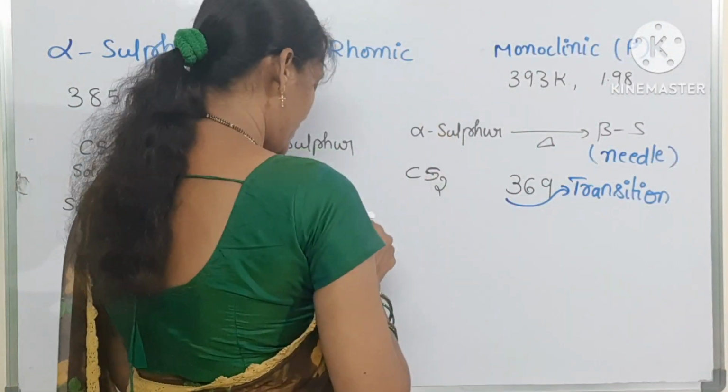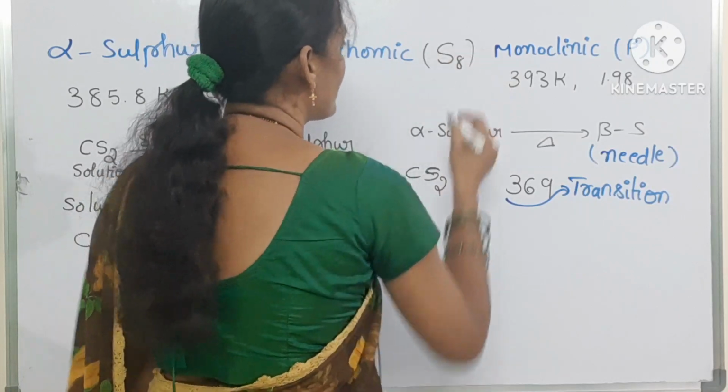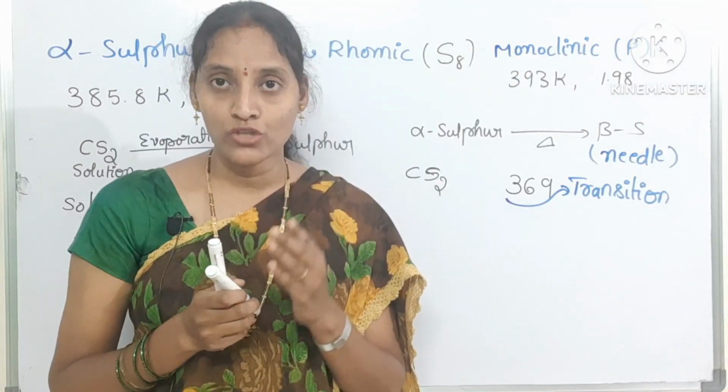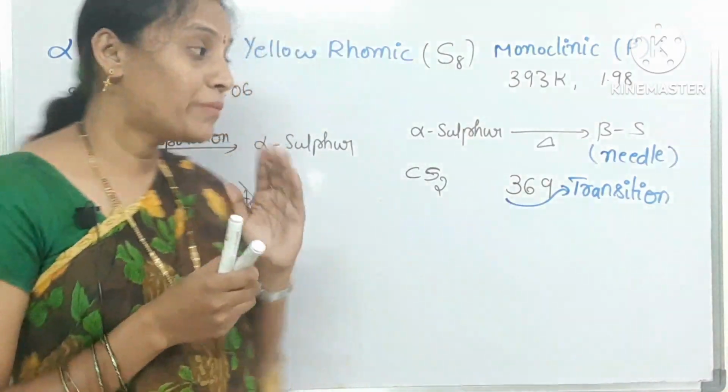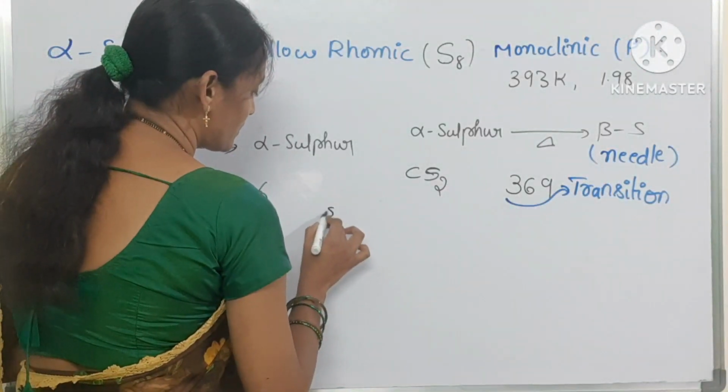Both these sulfur forms are present in S8 form. See here I am writing S8 form. Its structure is like a crown shape. Puckered ring shape is nothing but crown shape. You can observe that structure here.